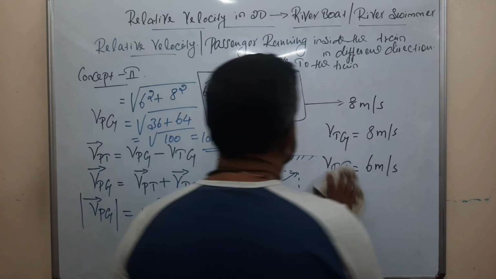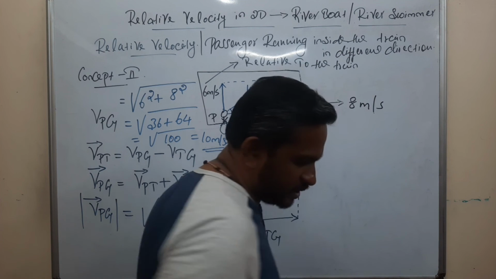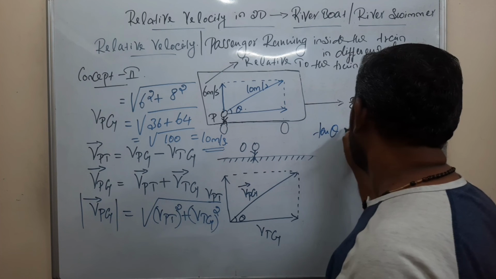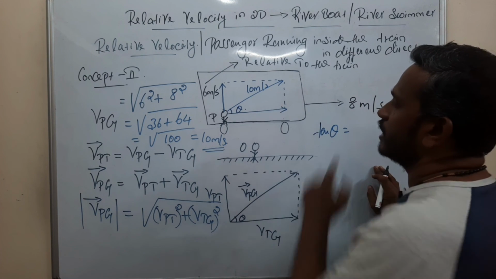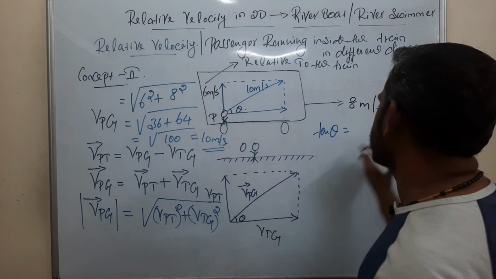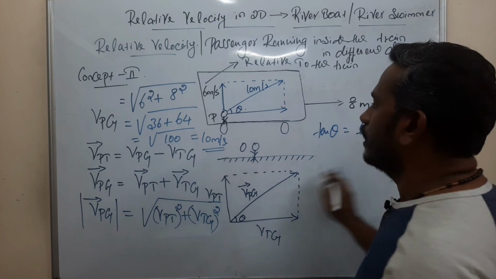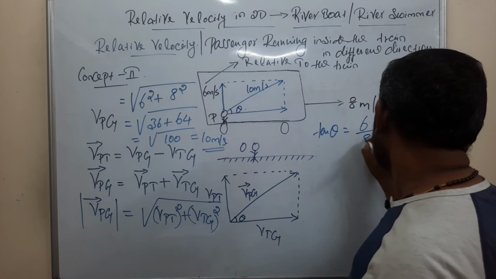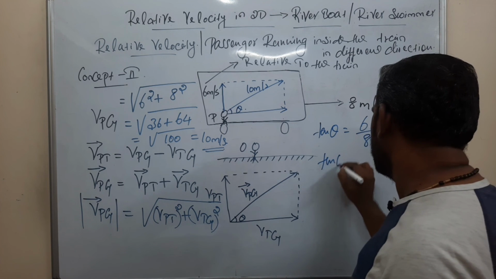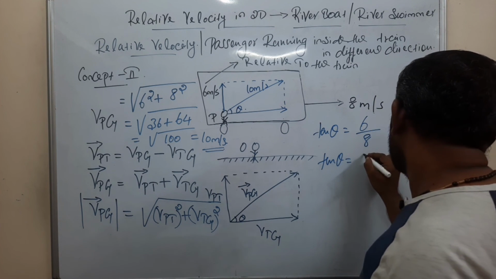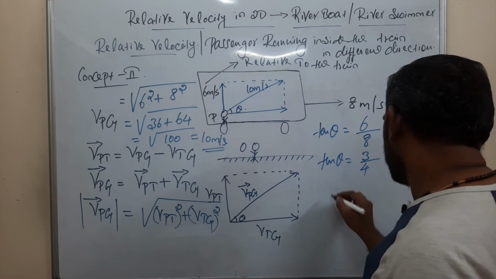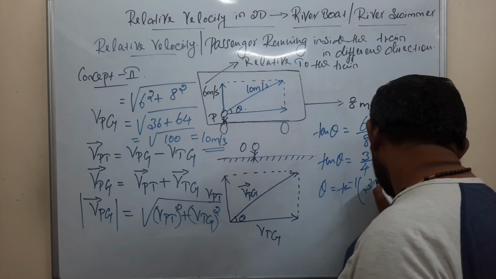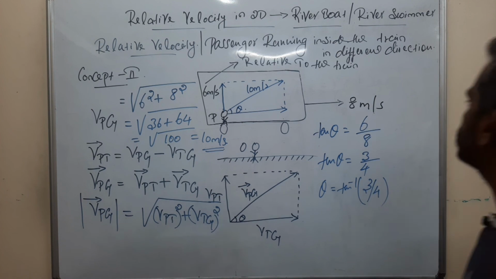Tan theta is equal to the opposite side, that is 6, divided by the adjacent side, that is 8 meter per second. So tan theta is equal to 3 divided by 4, and theta is equal to tan inverse of 3 by 4.